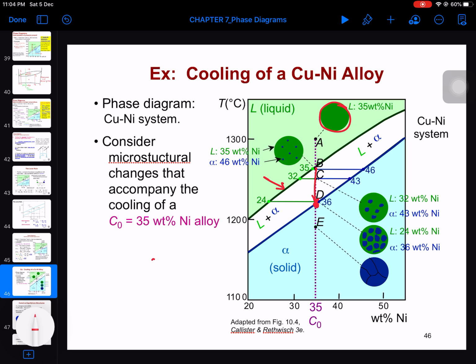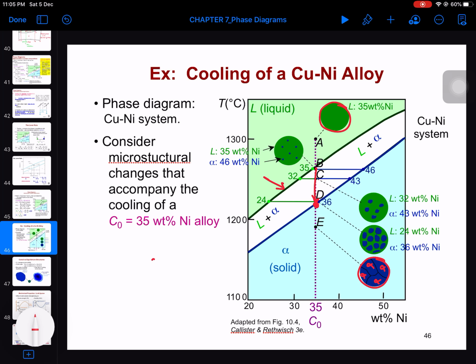So all the blue dots will combine with each other and form the final resultant microstructure. All of this is the grain for alpha. So it's very easy for the isomorphous system.